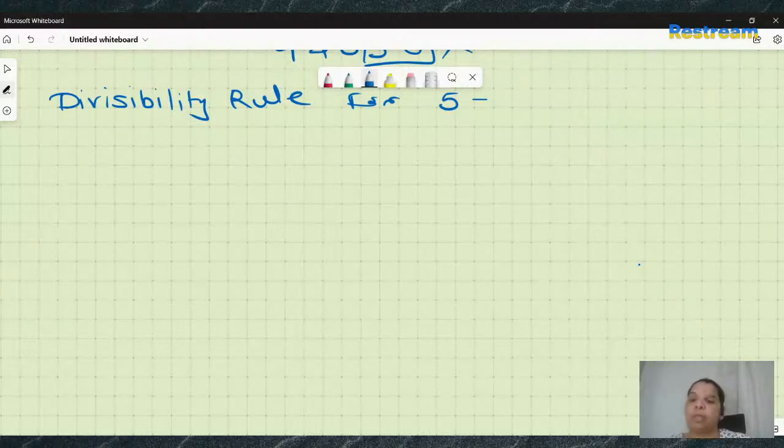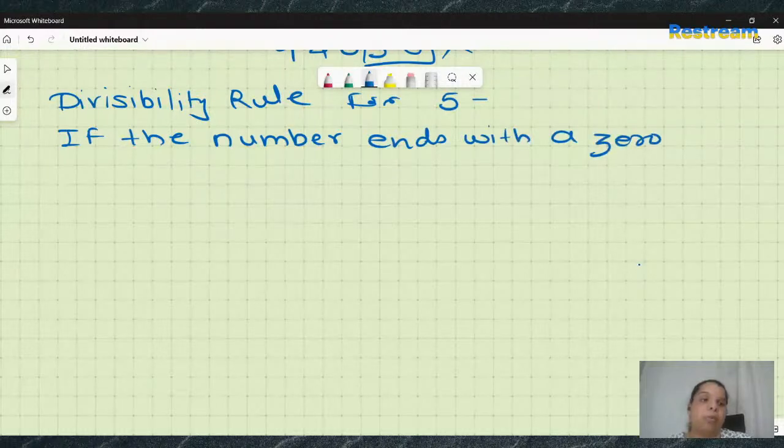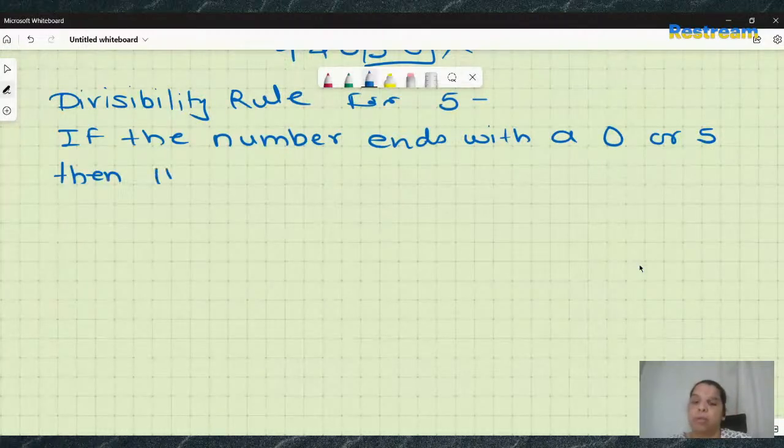So if the number ends with a 0, numerical 0, or 5, then the number is divisible by 5.